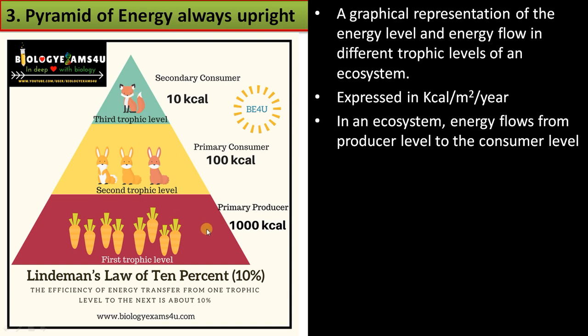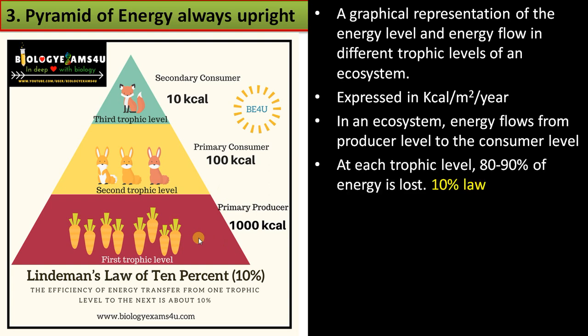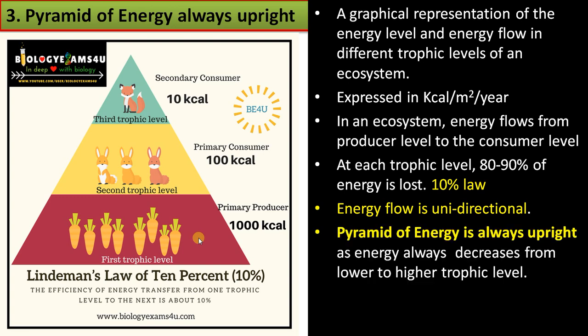As we move up the trophic level, as per Lindeman's law of 10%, more than 90% of energy is lost during this transfer. So at each trophic level, 80 to 90% of energy is lost, and we have discussed that law in one of our videos. And energy flow is always unidirectional.